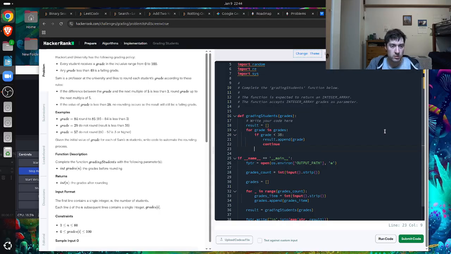Else, see, how many rules did they say there is? I thought that they said 3 rules. So, less than 40 is failing. The difference to the next multiple is no less than 3, okay?